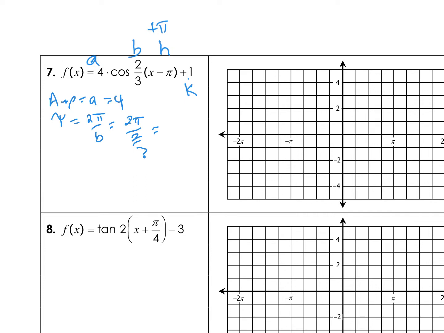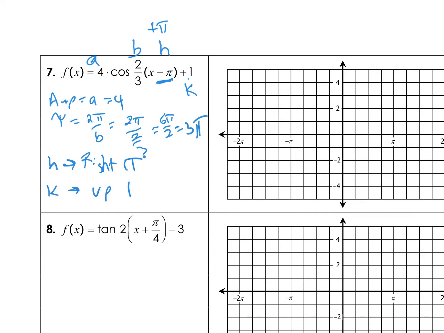That becomes 6 pi divided by 2, or 3 pi. We have a minus pi, so that's my h. So h tells me left, no, I'm tricking you, right pi. And k is telling me up 1.